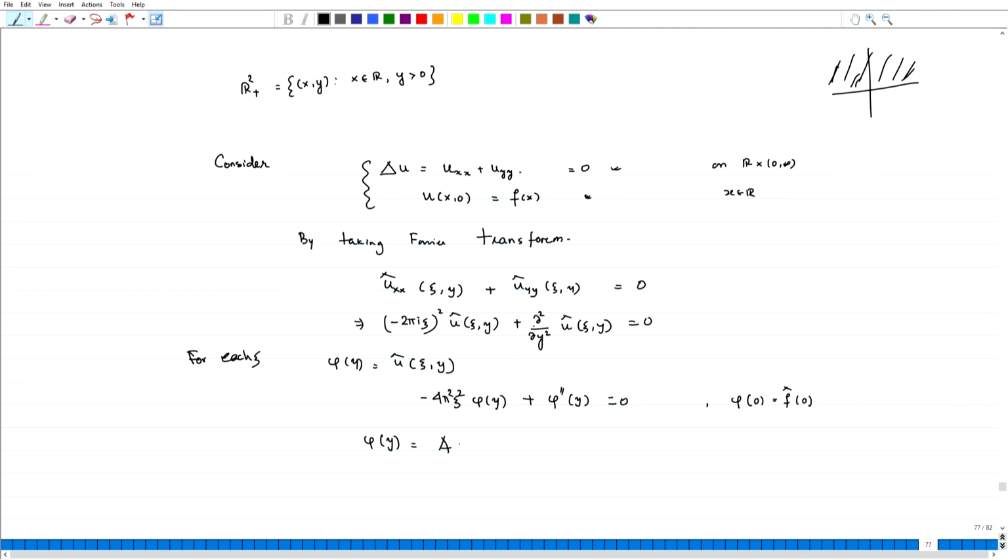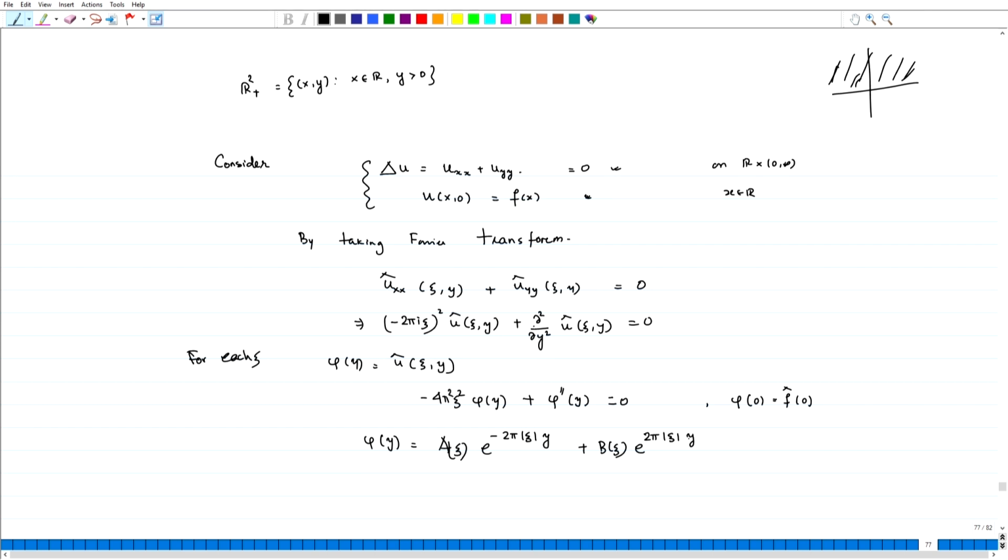This is a(xi) e to the power minus 2 pi mod xi y plus some constant b(xi), which depends on xi, because we are playing this game for each fixed xi, times e to the power 2 pi mod xi y.